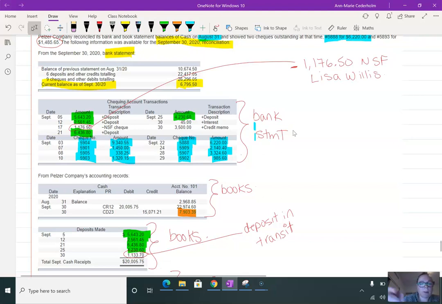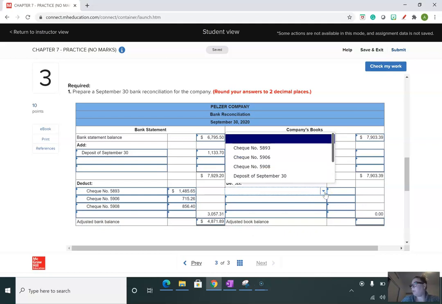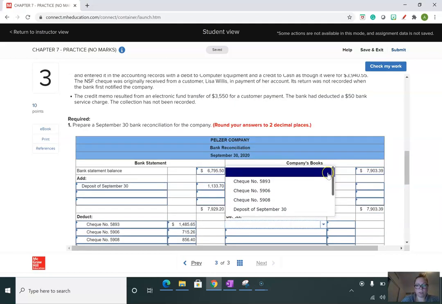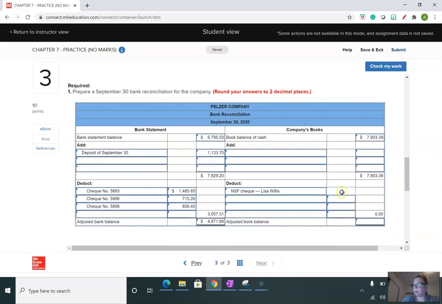And I may as well just add this onto my bank rec right now. Remember, if it's NSF, it comes out of our account. So we'll do NSF Lisa Willis, and that was the 1176.50.